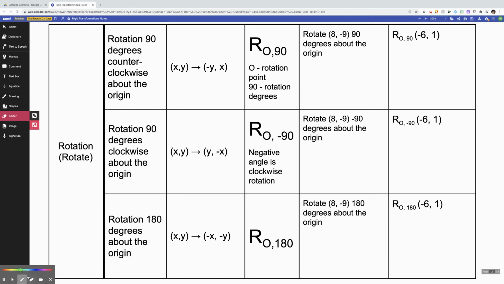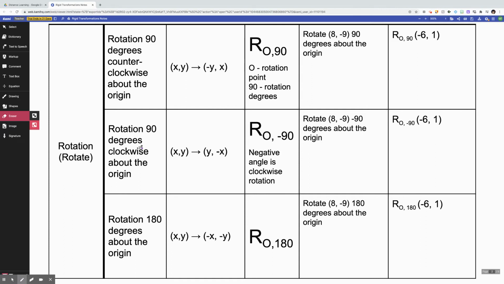All right, y'all, so this is the last part of this video where I'm going to do some examples with rotations for you, okay? Just like reflections, there's an infinite number of possible rotations, right? You can rotate things anywhere from 0 to 360 degrees, and you can rotate them around the origin or just about any other point that you can think of, right?